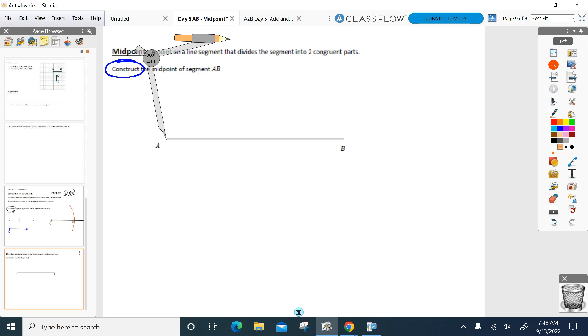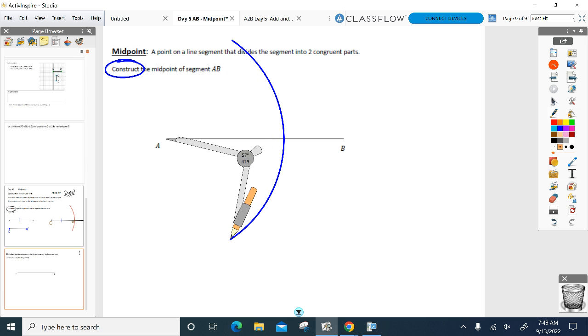I'm talking like a half circle size arc. A decent size arc that goes through your line segment. And keep it that same opening. Don't open or close your compass. So open it up more than half the distance. Make a decent size arc. Keep it the same opening.